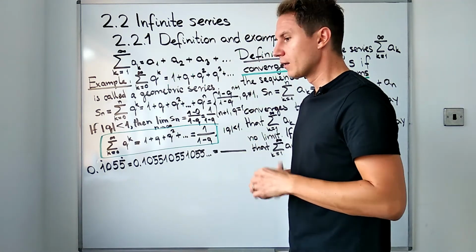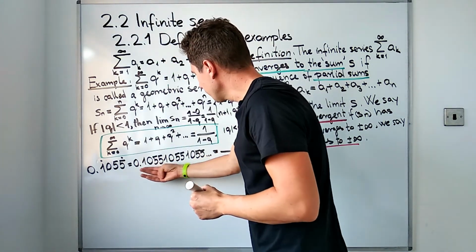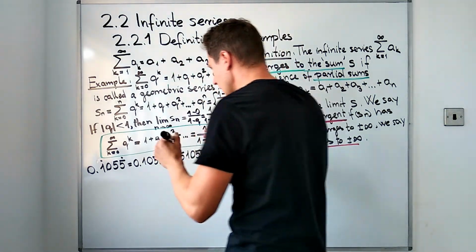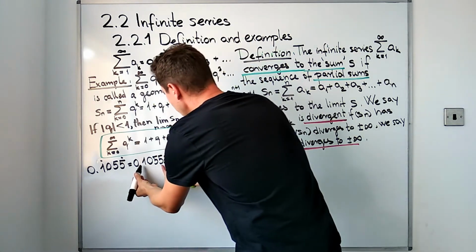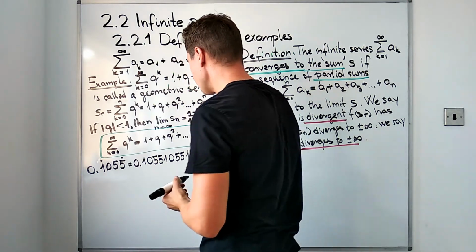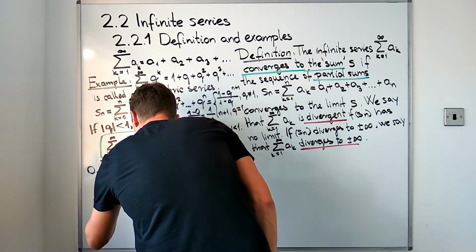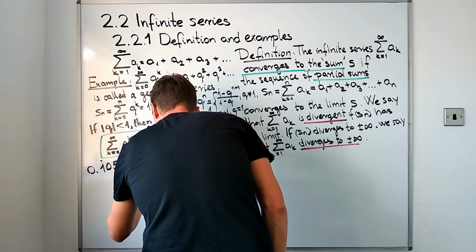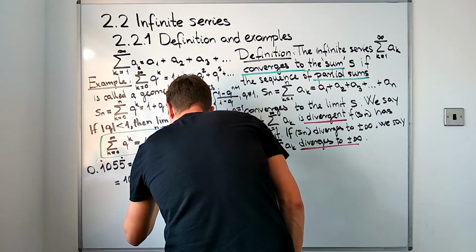Okay, so I hope you paused it and thought about it for some time. So this infinitely repeating decimal can be expressed in the following way, and this is basically the idea. We have these infinitely repeating segments of our sequence of decimals. So what we can do is we can write that this is 1055 times the following sum, 1 over 10,000.